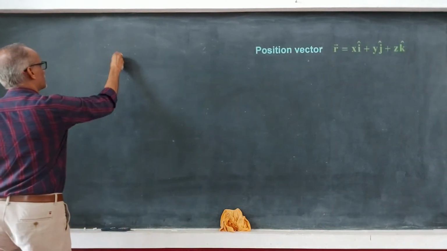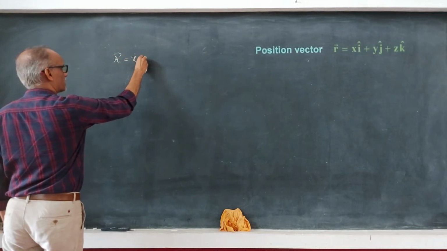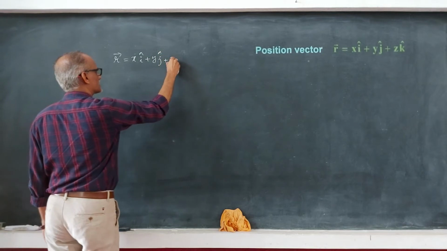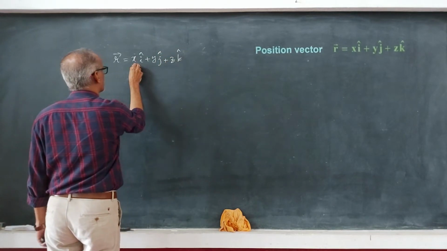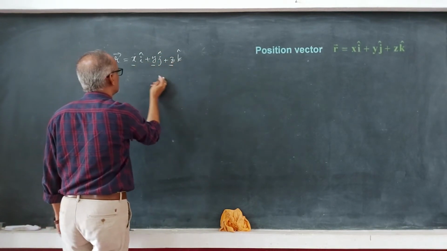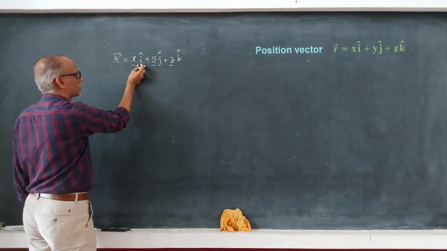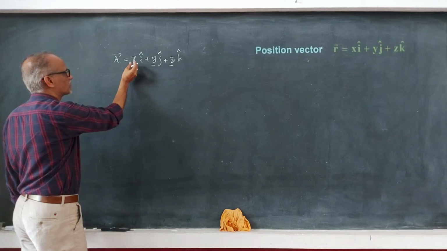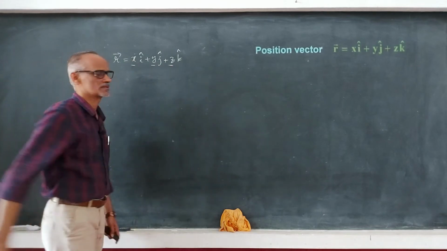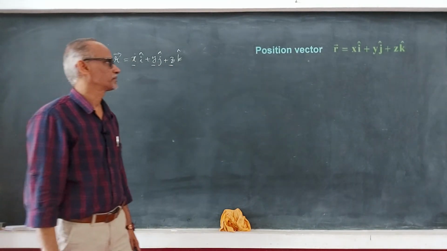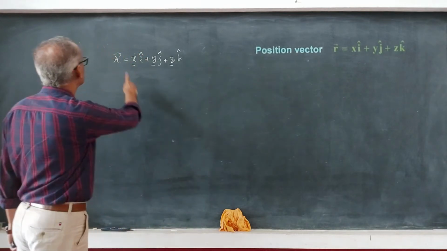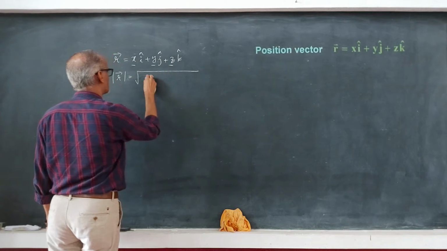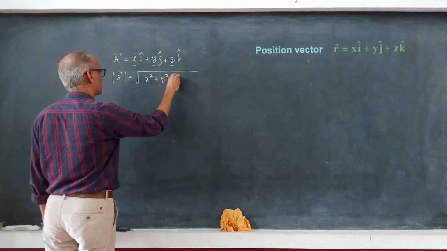Vector R is equal to x i cap plus y j cap plus z k cap. You are already familiar with i, j, k. These are the unit vectors along the x axis, y axis and z axis, and these are the components along the x axis, y axis and z axis. This is the position vector. And how to find the magnitude of this position vector? In the last class I gave it as root of x square plus y square plus z square.